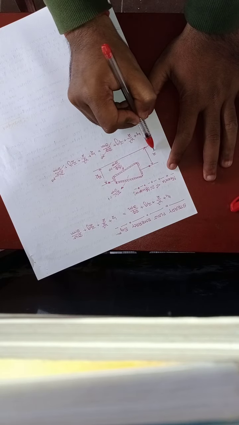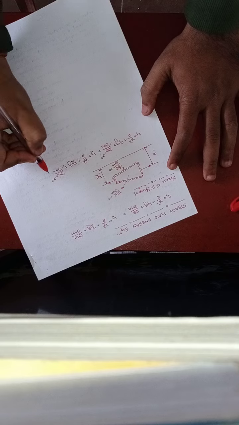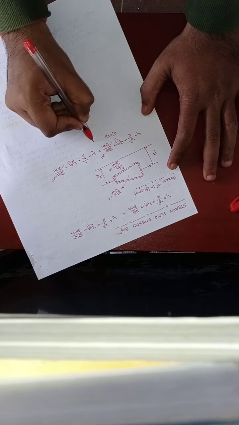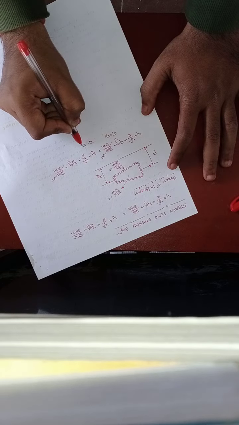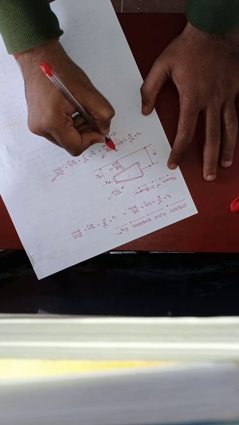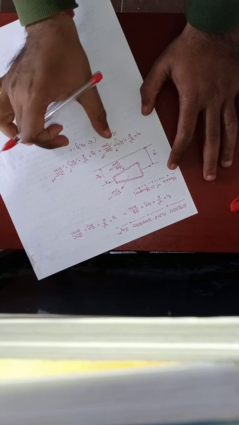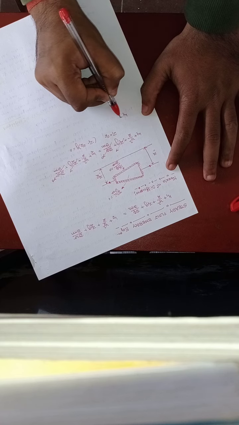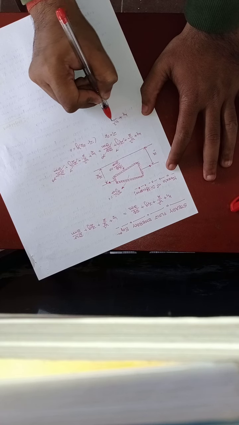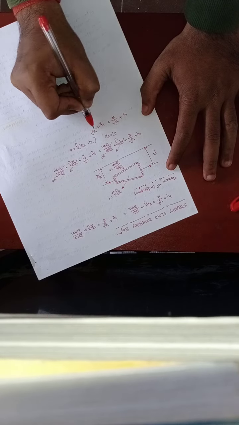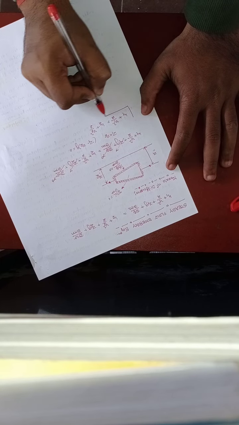Also z1 is equal to z2, so z1 minus z2 into g is equal to 0. So we can cancel out these two terms because their difference is 0. So the equation reduces to h1 plus v1 square by 2 is equal to h2 plus v2 square by 2. This is the equation for nozzle and diffuser.